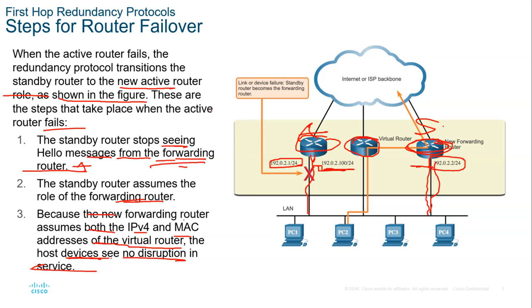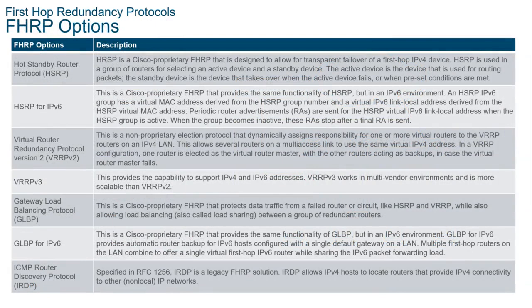This is just virtual; there is a virtual IP address and virtual MAC address, and they exist on these interfaces. So once the active fails, the standby comes into play, but the IP address remains the same, so there won't be any disruption.